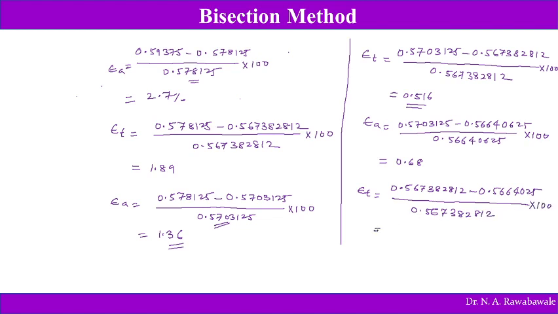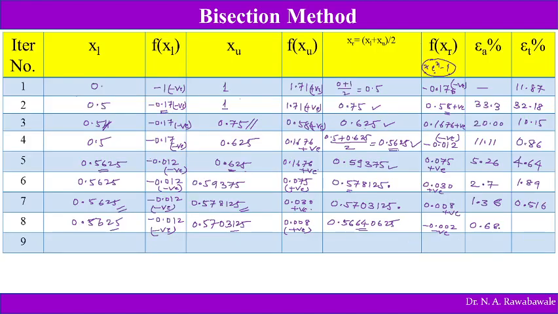Now this true error is going to be 0.17%, which is less than 0.5. So 0.17% is the true error.